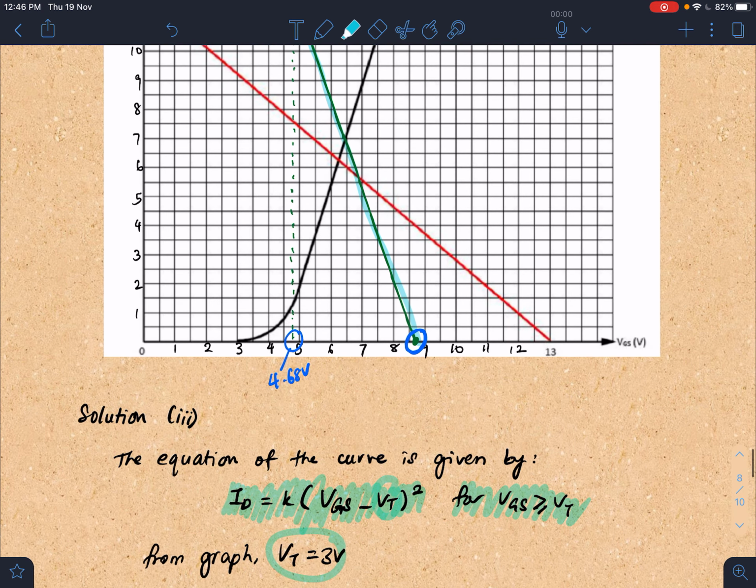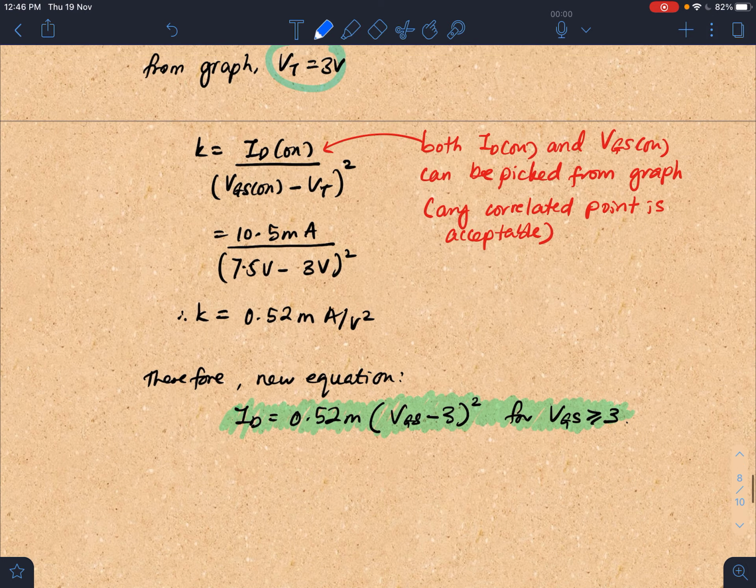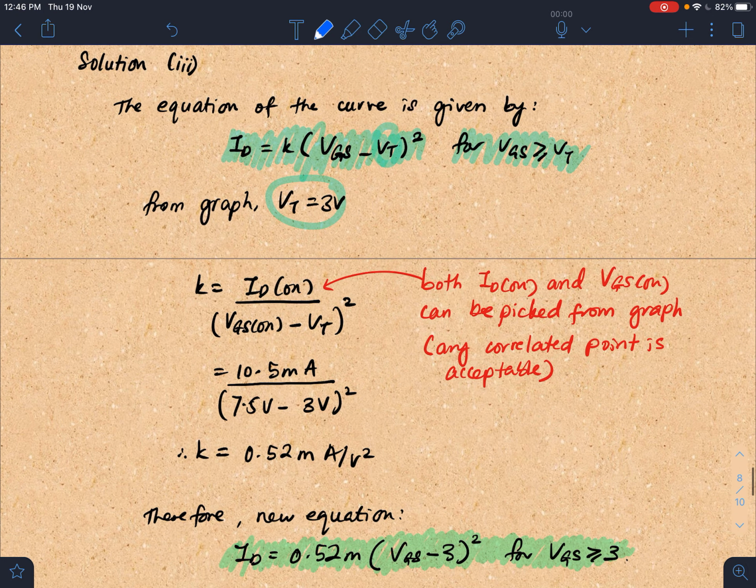You see from the graph, here is VT, which is 3 volt. And for K, K equal to ID on divided by VGS on minus VT squared.